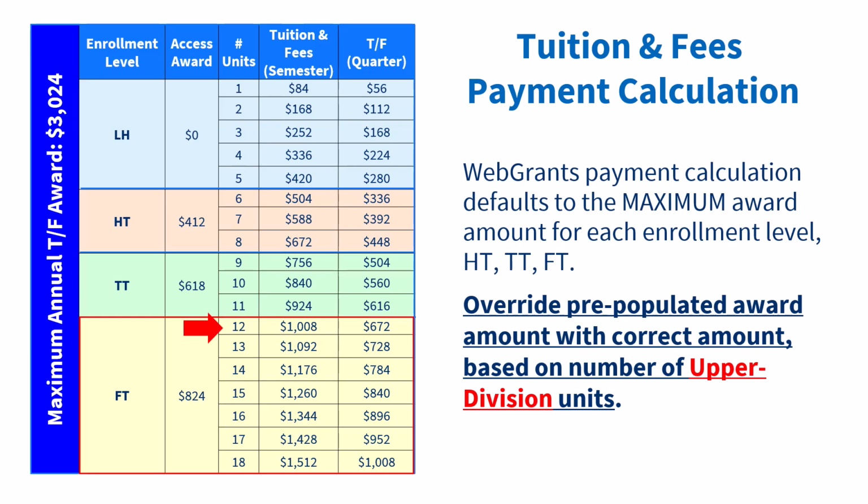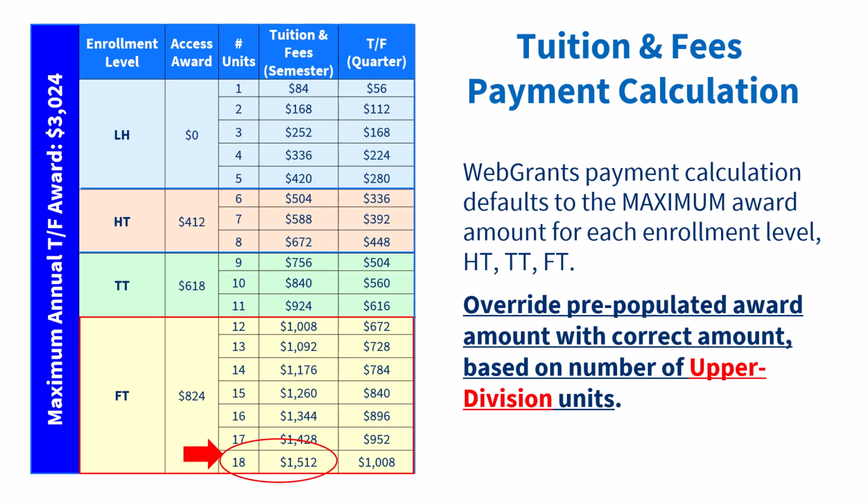Let's look at the chart for reference at the full-time range of 12 to 18 units. Your student might only be enrolled in 12 units, but when full-time status is reported, Web Grants will automatically calculate your student's award amount based on 18 units, the highest end of the range, or $1,512 at a semester school, which results in overpayment if your student is taking fewer than 18 units.